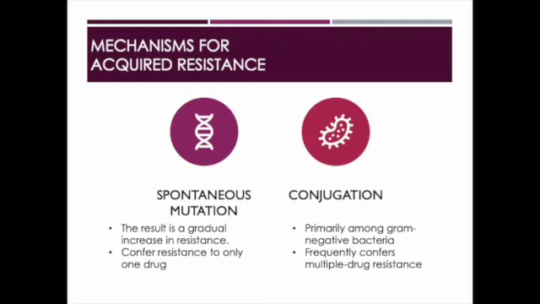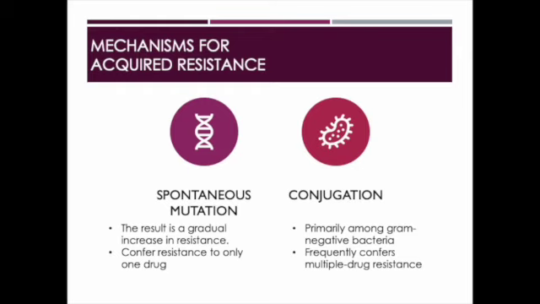This genetic material gets transferred between members of the same species of bacterium, or it could be members of different species, and it increases resistance. The transfer of the R factor isn't species specific. It's actually possible for pathogenic bacteria to acquire R factors from normal flora in the body.